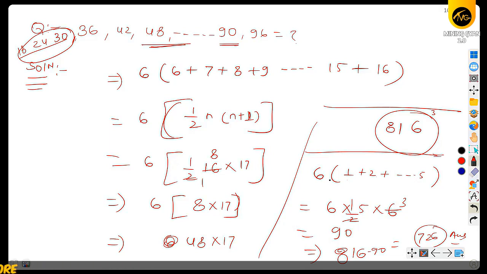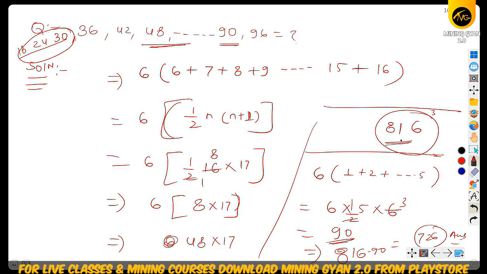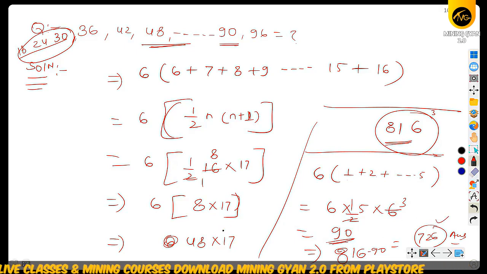Now the remaining is the 6 to 30 series, that means one divided by 2 into 5 into 6. Just multiply these numbers and we get 90. So just subtract 90 from the total 816. Now the final answer is 726. So 726. Is it clear or any kind of doubt? Clear, right? Okay.